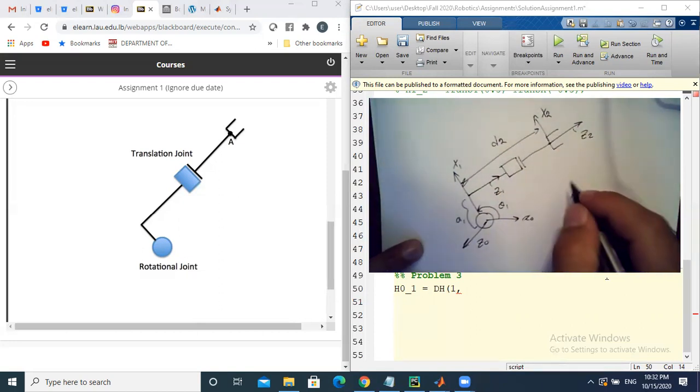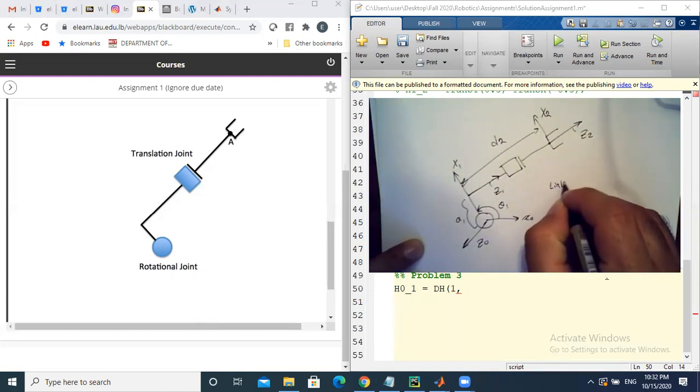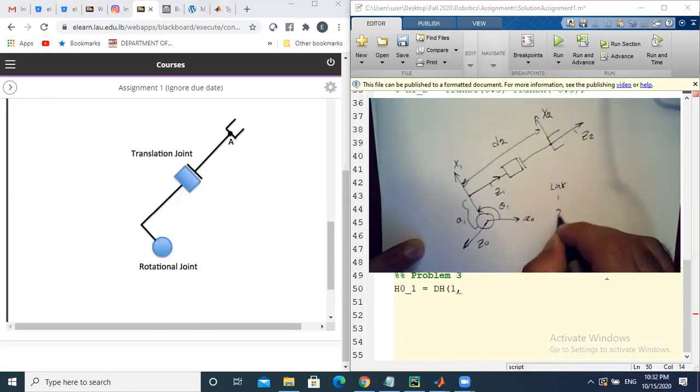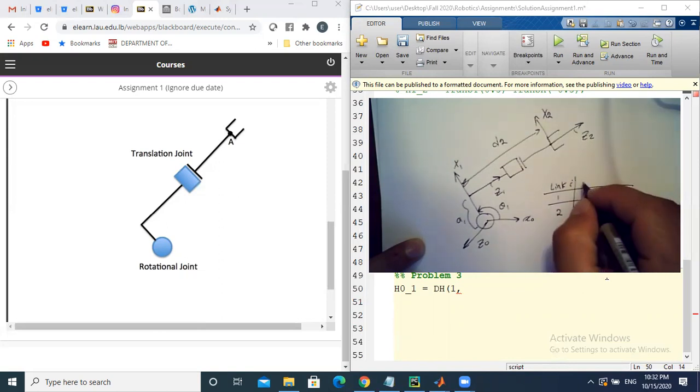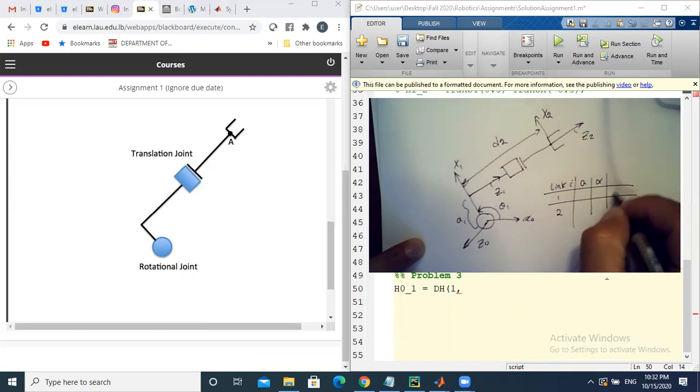If I look into the DH table, I'm going to have link i, a, alpha, d, and theta. So for link 1, a is a1.